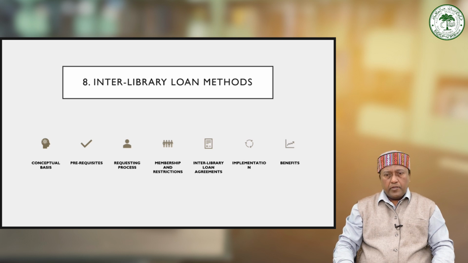So what happens here is, when the patron requires material which is not available in the home library, they normally require assistance from their librarians. So libraries facilitate interlibrary loan requests on behalf of patrons, sourcing material from other libraries within the network. They will try to find out who has this document.